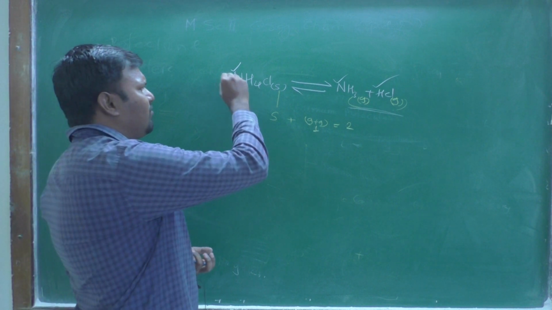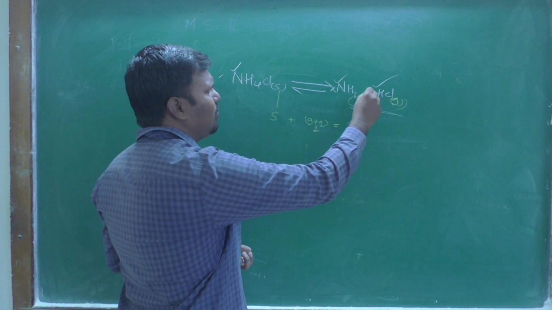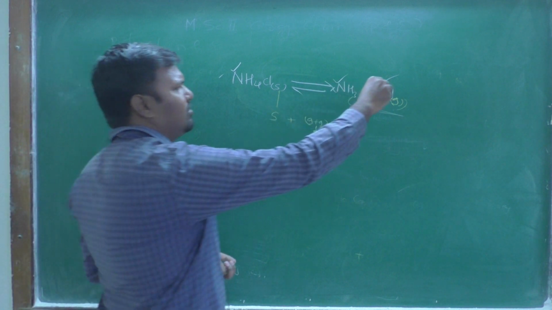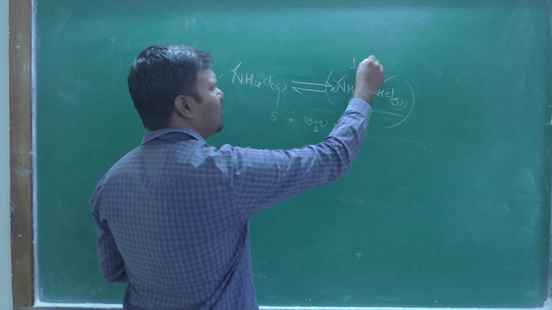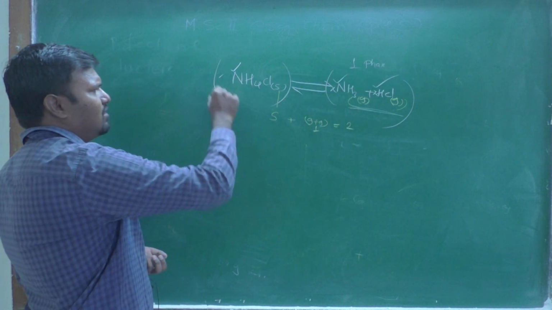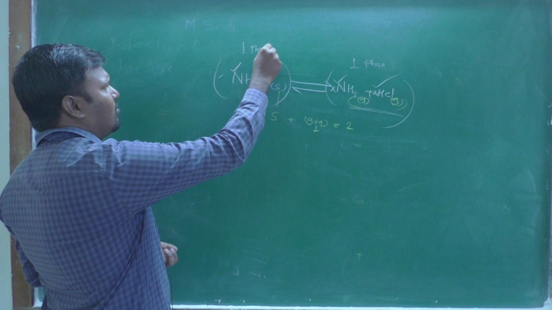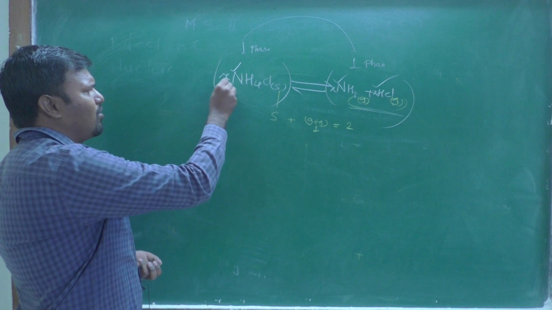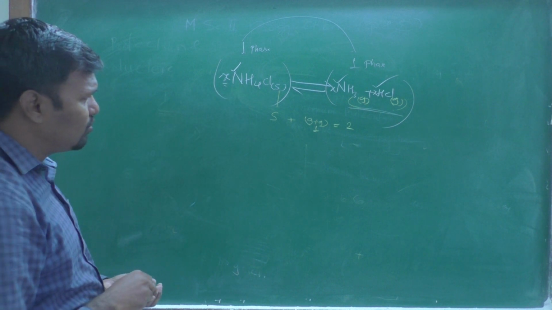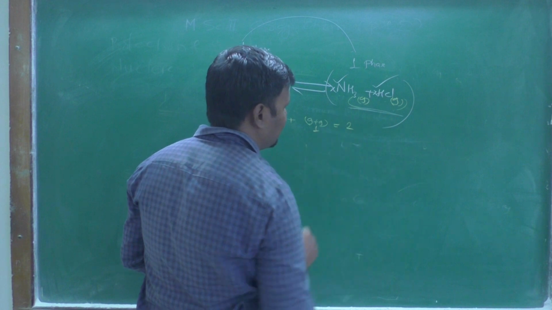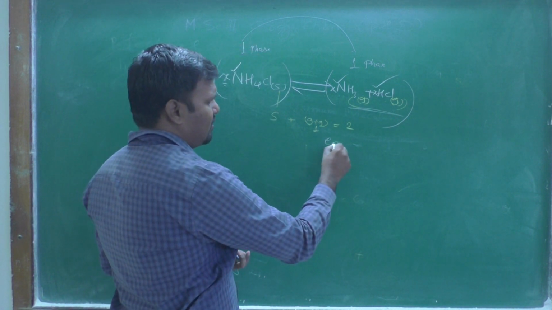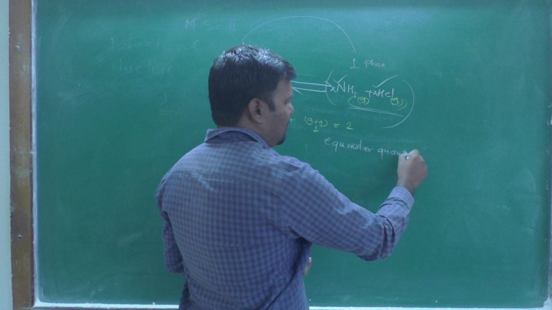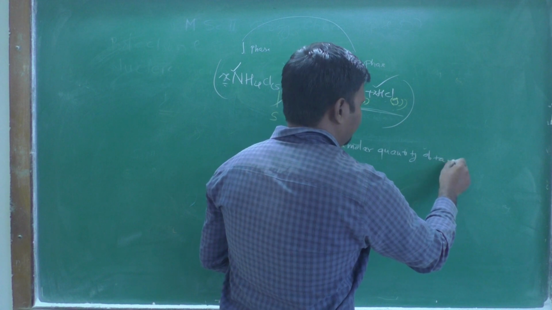Now, when NH4Cl decomposes, it gives the equimolar quantity of NH3 and HCl. This forms one phase. This system has one phase here, and this is the other phase. Because X molecules of NH4Cl give X molecules of NH3 and X moles of HCl, this is the equimolar quantity we obtained for this system.